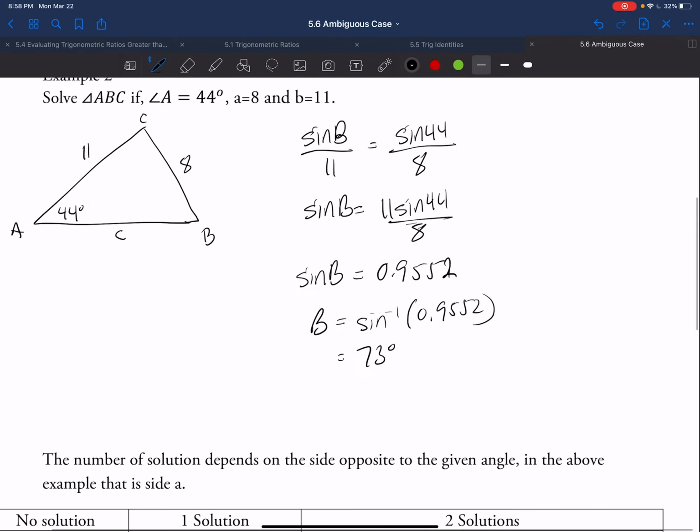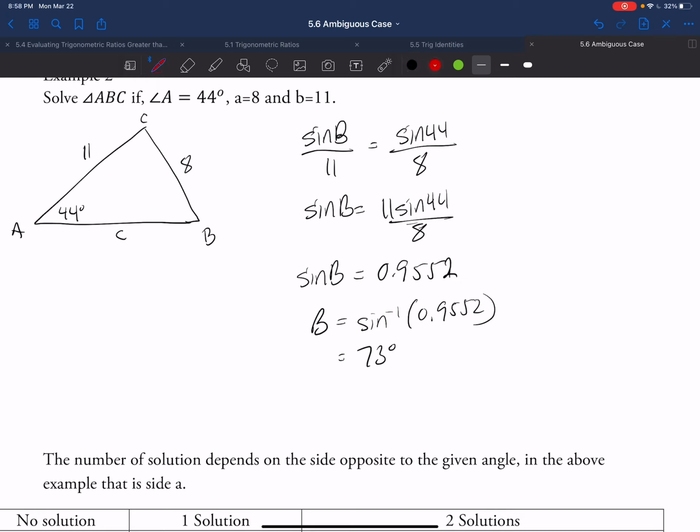Okay, but as we just saw, it could be 73, or angle B could be 180 minus 73. Because it's sine, and 73 is in the first quadrant, the other possibility in the second quadrant will be 107.